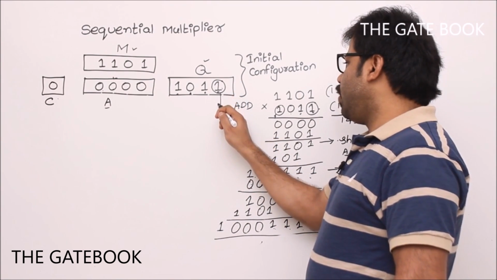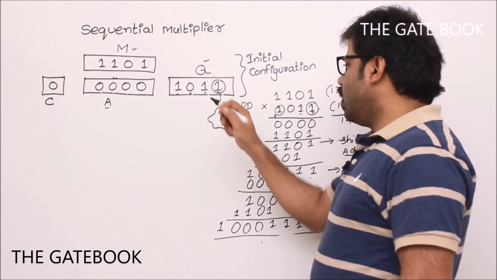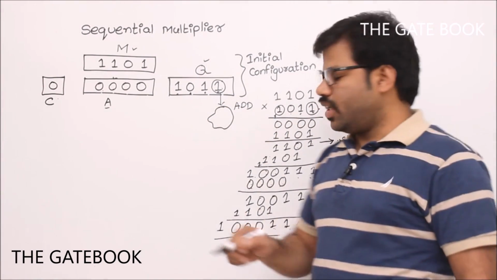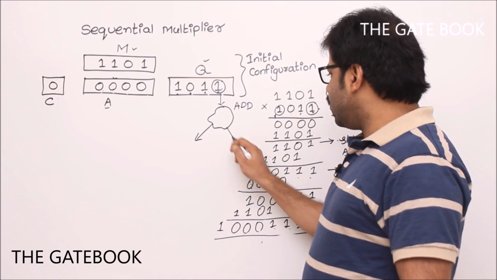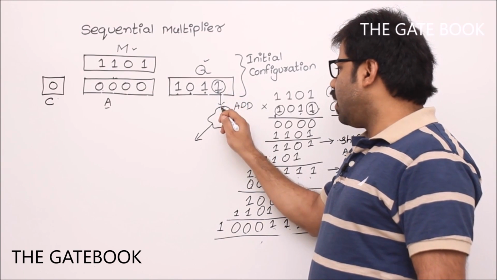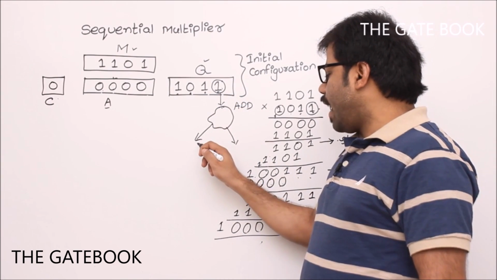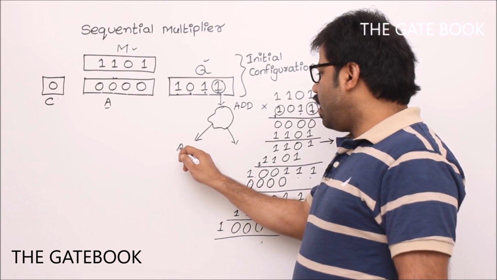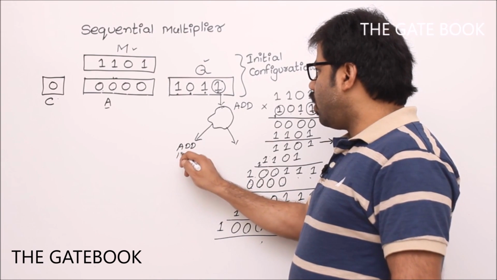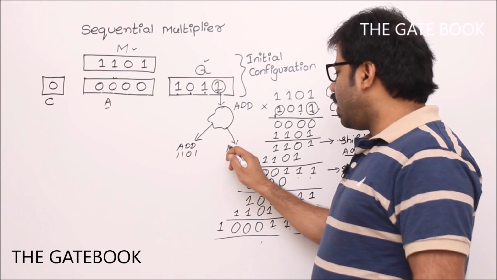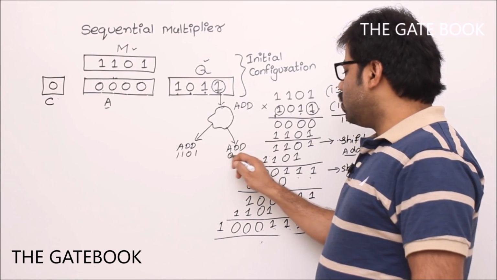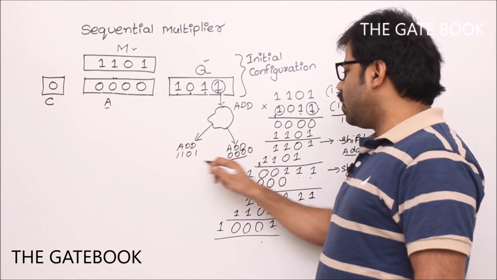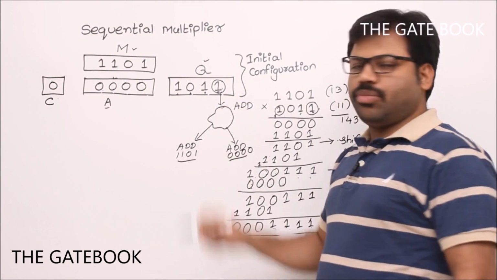This bit should be connected to one decision circuit. That decision circuit should do two things. By seeing the input of 1, it should do action number 1, either add 1101, otherwise add 0000.